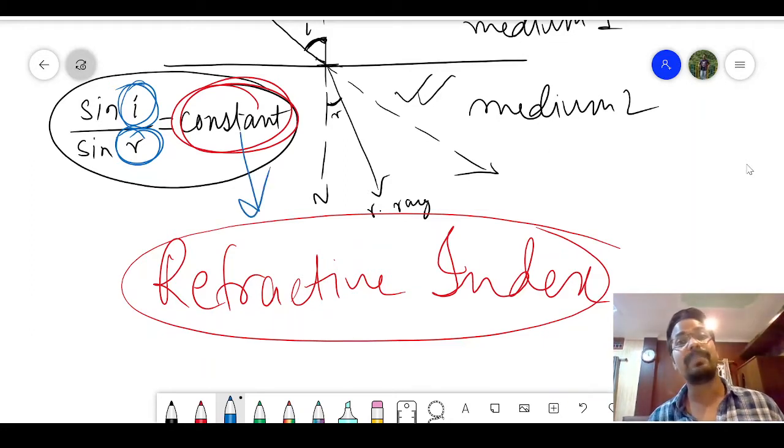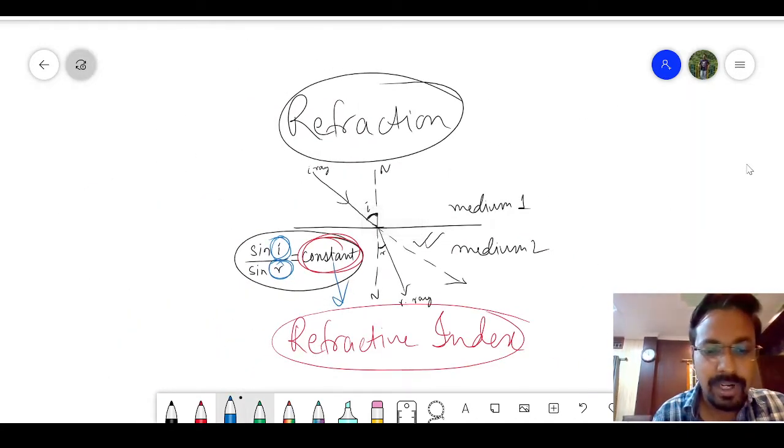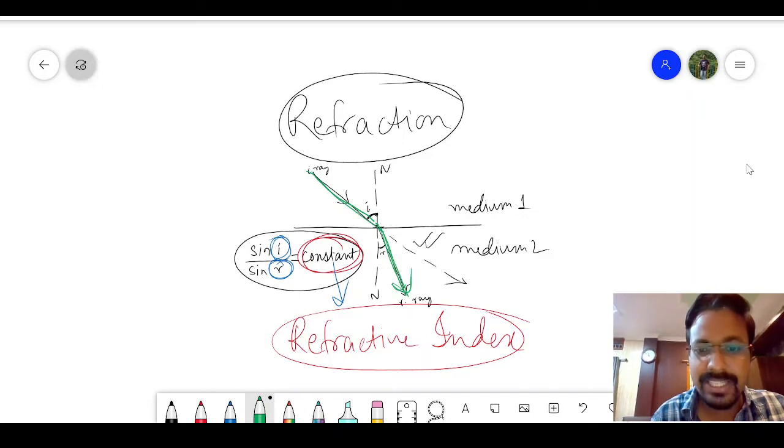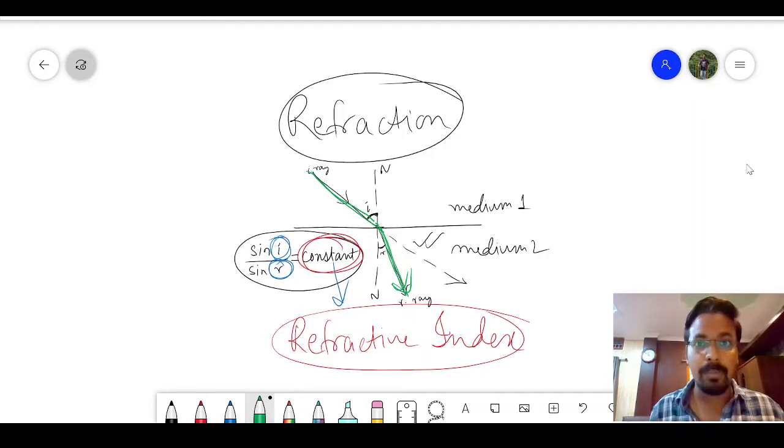Now what does this basically mean for a layman, for any person you need to explain, what is refractive index? As I have said, when the ray of light comes from one medium, it will enter another medium, its direction will change, right? Now by how much will the direction change? What is the ability of a medium to change the direction of light?